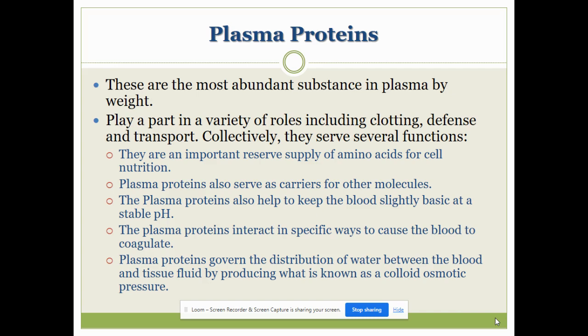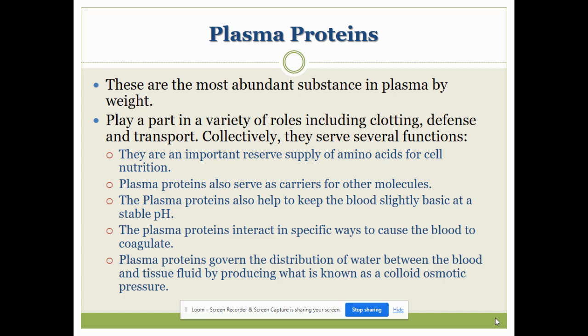Now, first of all, we will study the important plasma proteins. These are the most abundant substances in plasma by weight and play a vital role, including clotting, defense, and transport. Collectively, they serve several functions. They are an important reserve supply of amino acids. Plasma proteins also serve as carriers for other molecules.